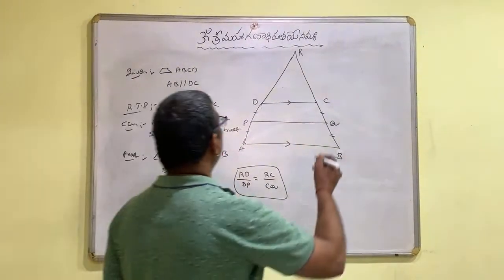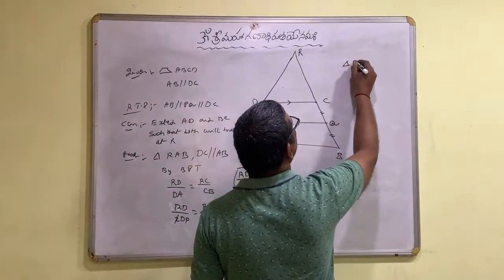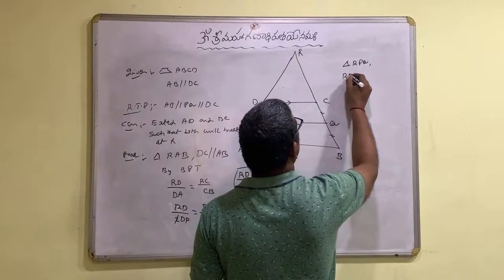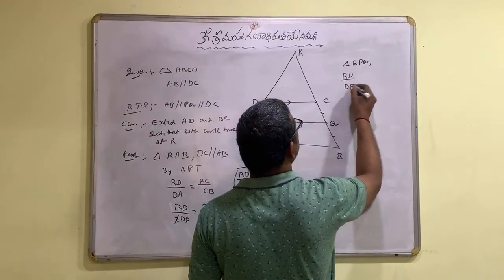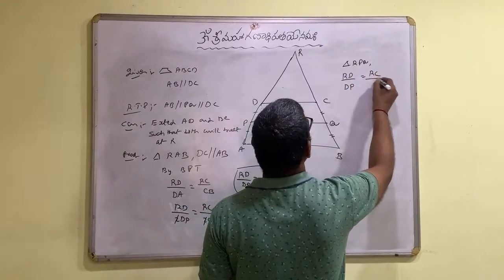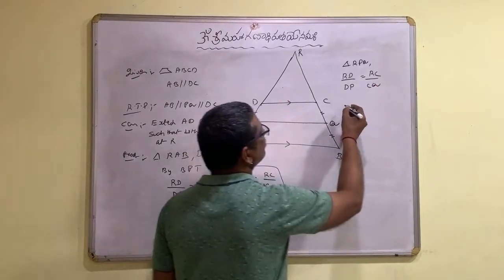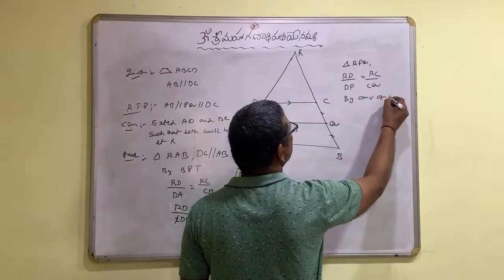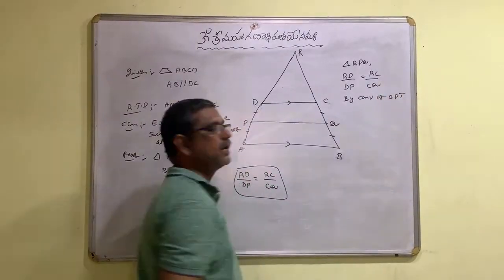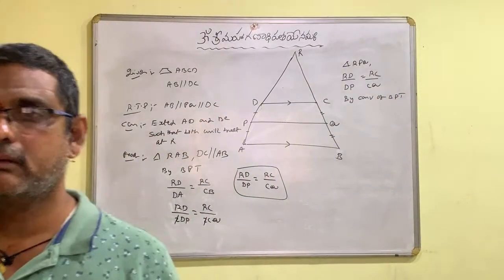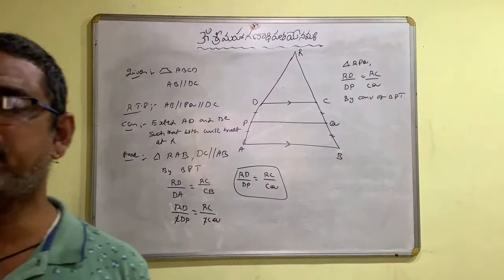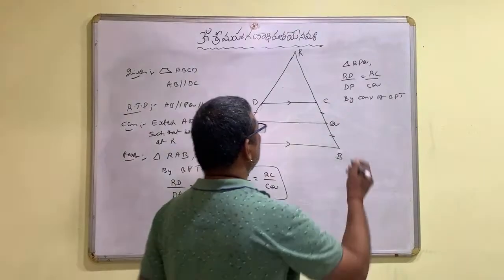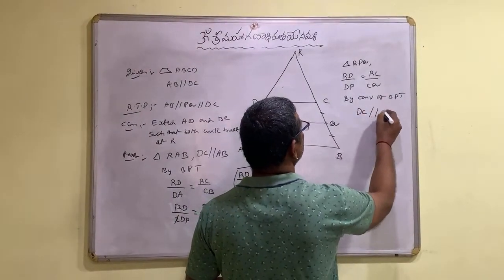In triangle RPQ, RD by DP is equal to RC by CQ. So by converse of basic proportionality theorem, DC parallel to PQ.